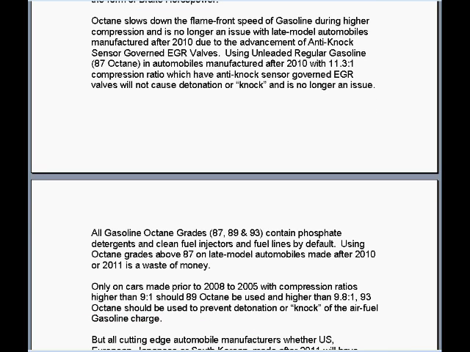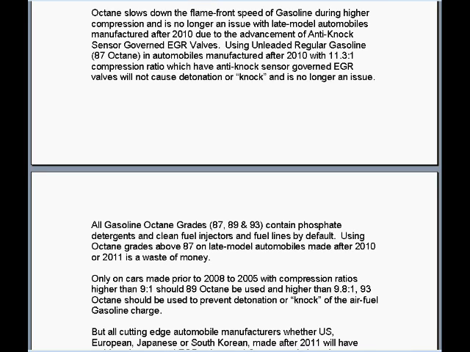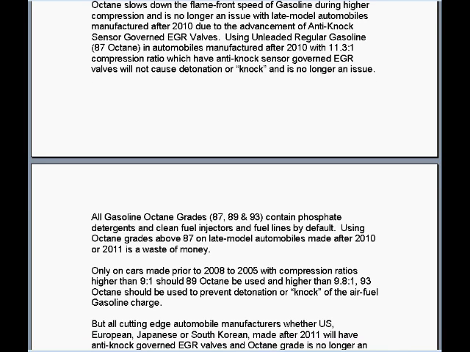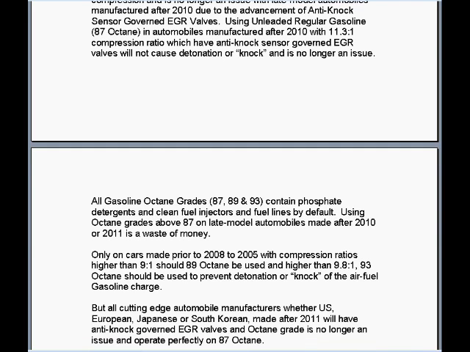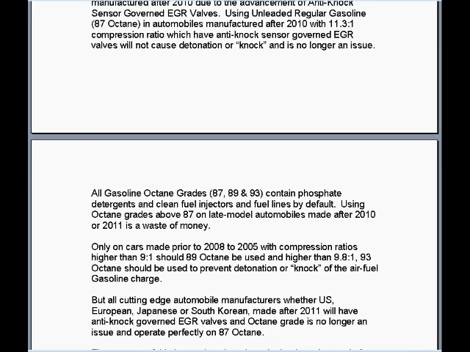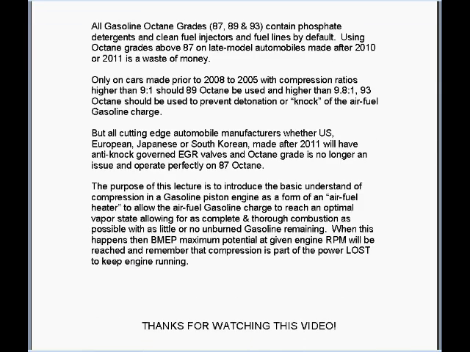Octane slows down the flame front speed of gasoline during higher compression and is no longer an issue with late model automobiles manufactured after 2010, due to the advancement of anti-knock sensor governed EGR valves. Using unleaded regular gasoline, 87 octane, in automobiles manufactured after 2010 with 11.3 to 1 compression ratio, which have anti-knock sensor governed EGR valves, will not cause detonation or knock, and is no longer an issue.